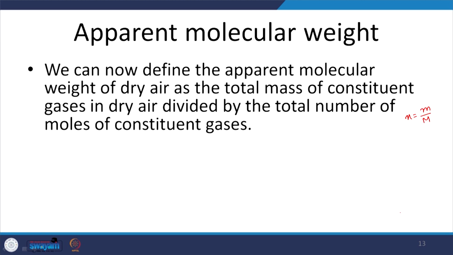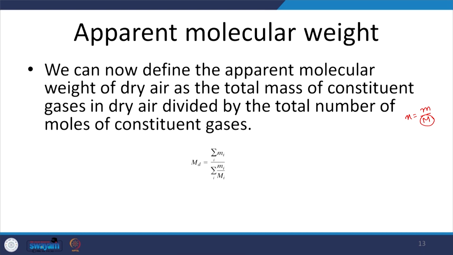So, here we define the apparent molecular weight of a mixture of gases as the total mass of constituent gases in dry air divided by the total number of moles of constituent gases, because unequal numbers of moles will be present in the total 1 kg of air that you take, right.